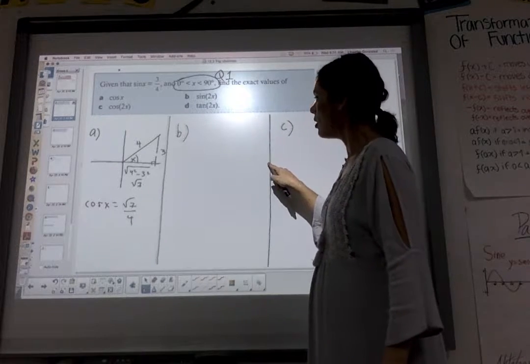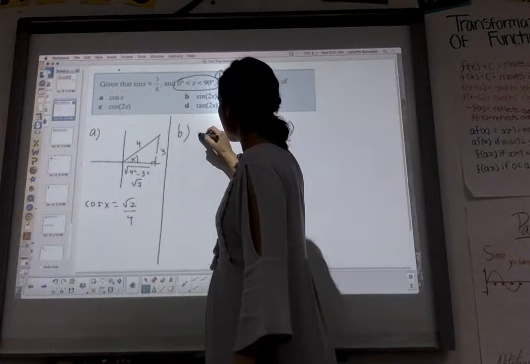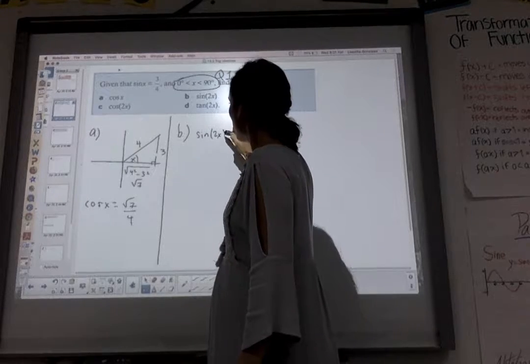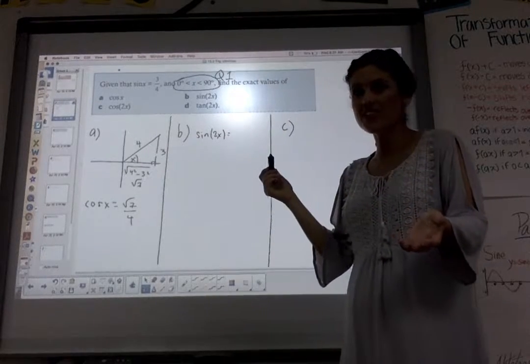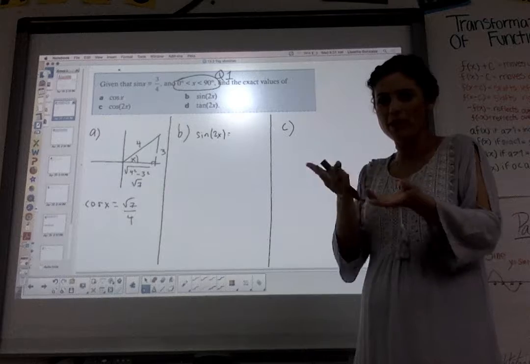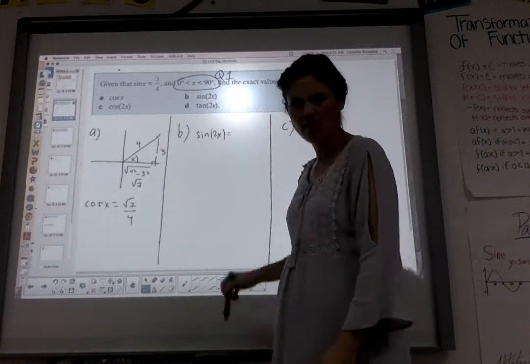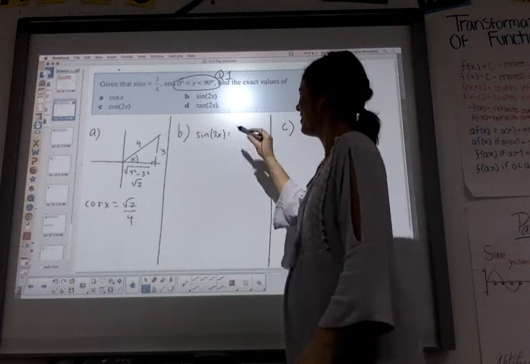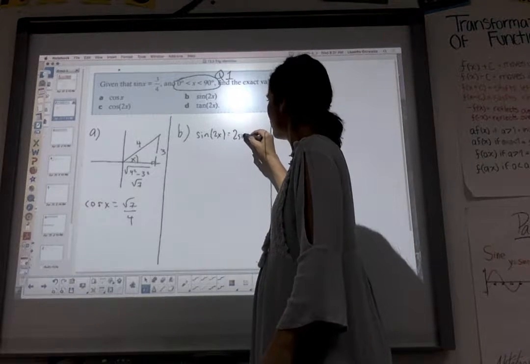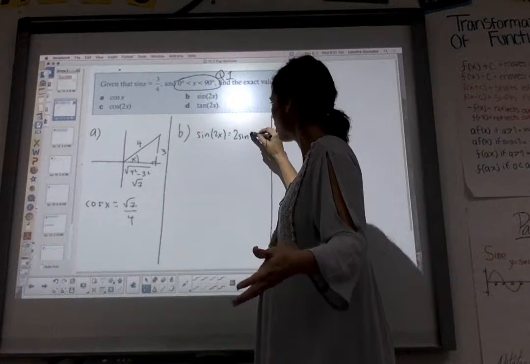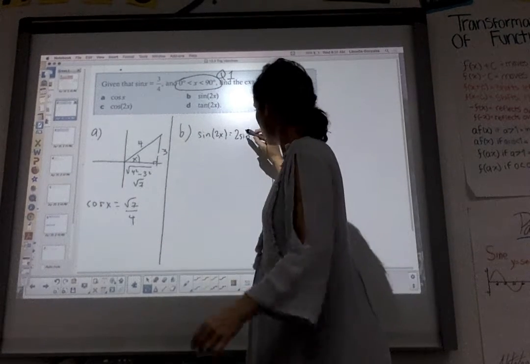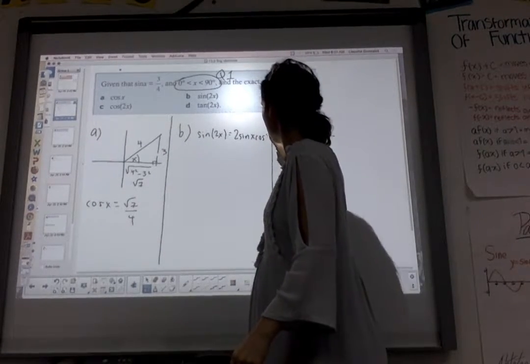Okay, part B. Now they want sine of 2x. Now you just learned the double angle formula for sine. What was it? Flip back a page or look right there. Sine 2 theta equals 2 sine times cosine.